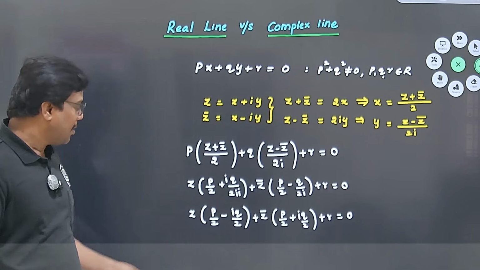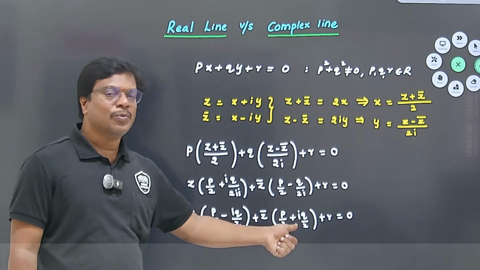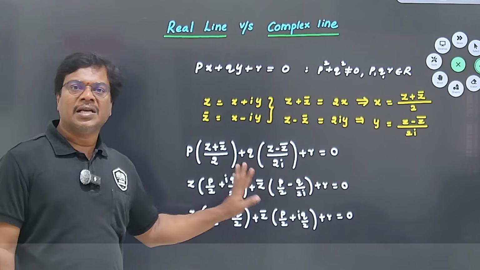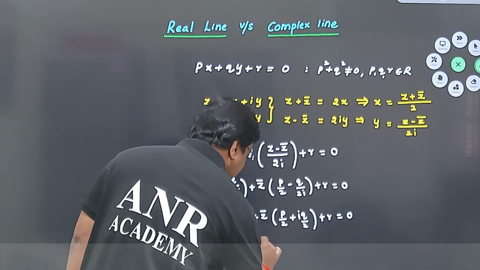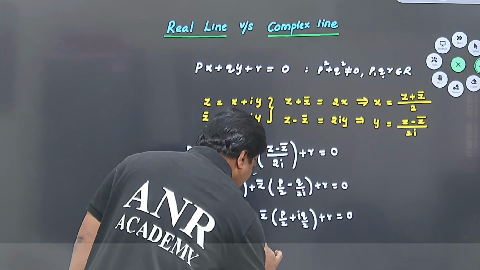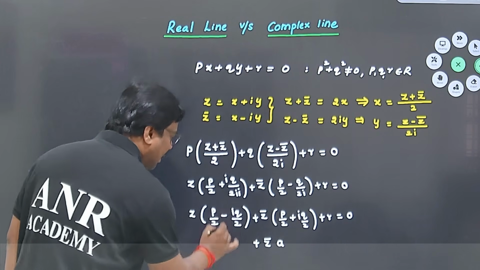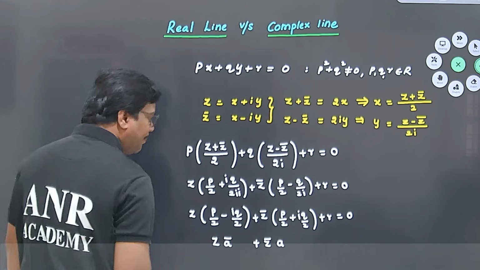Here p by 2 minus iota q by 2 and p by 2 plus iota q by 2 are conjugate to each other and both are in complex form. Let us suppose this is a complex number, suppose A. It can be written as A conjugate, and here multiply z.